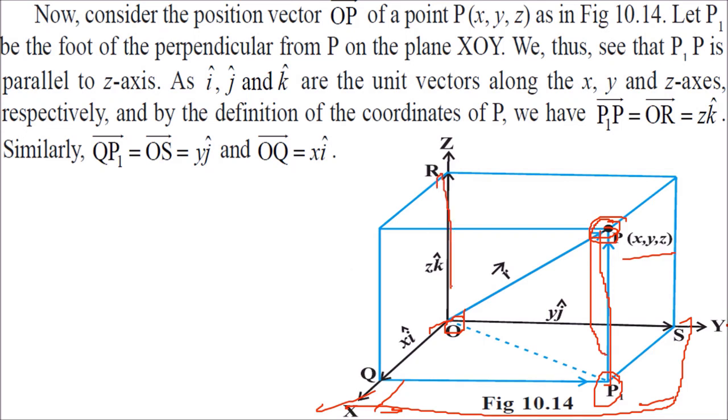The z-axis. And as we know that i, j and k are the unit vectors along the x, y, z axes, by the definition of the coordinates of P, we can say that P1P is nothing but zk. In the same terms, QP1 will be yj, and OQ will be simply xi. So this is xi, this is yj, and this is zk.